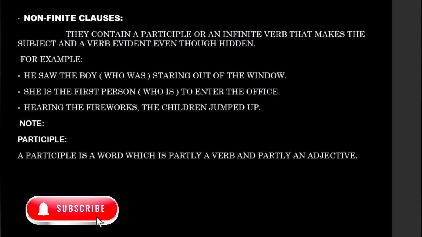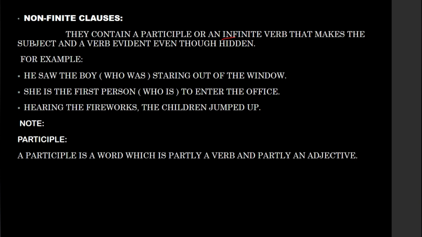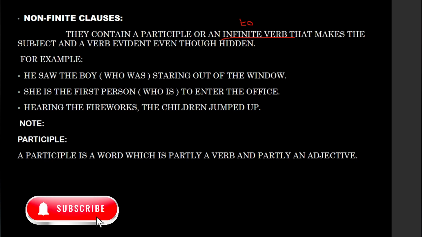The infinitive verbs are those when we add "to" to the base verb. What are base verbs? Base verbs are simply the actual verbs. For example, infinitive verbs: to do, to eat, to sleep. These are called infinitive verbs because we add the word "to" to the base verbs.